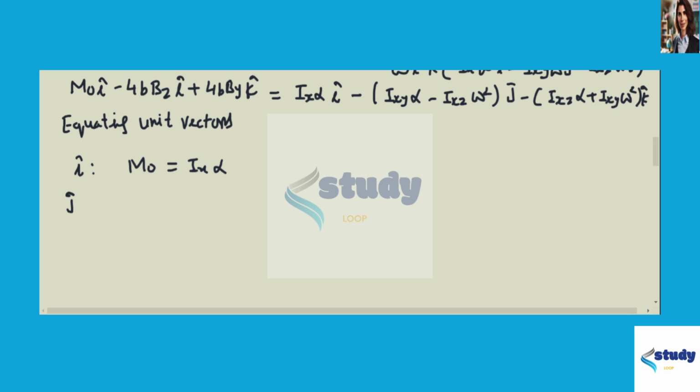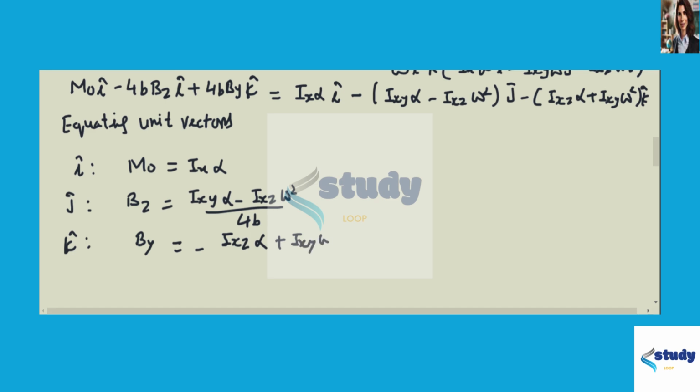J cap, Bz is equal to Ixy alpha minus Ixz omega square upon 4b, and K cap, By is equal to minus Ixz alpha plus Ixy omega square upon 4b.